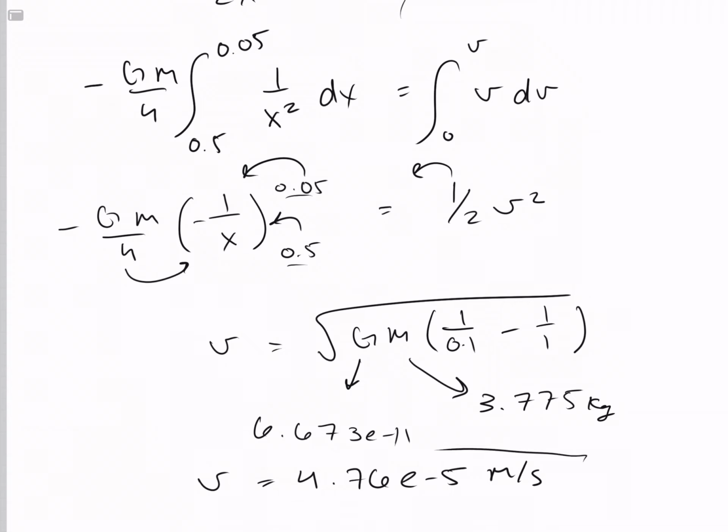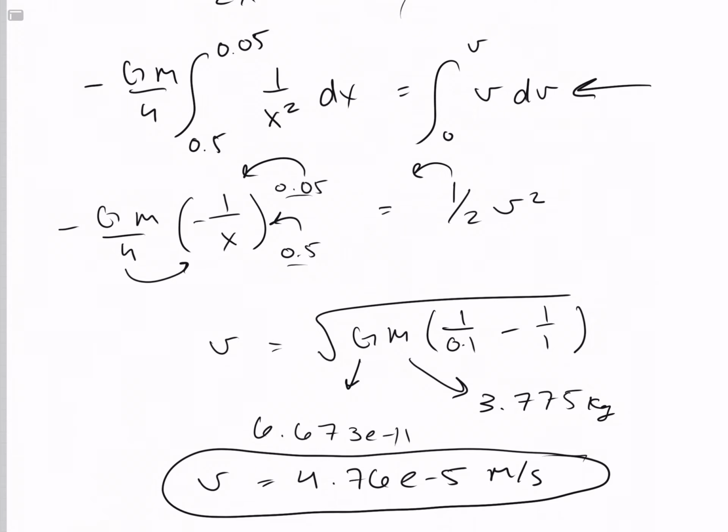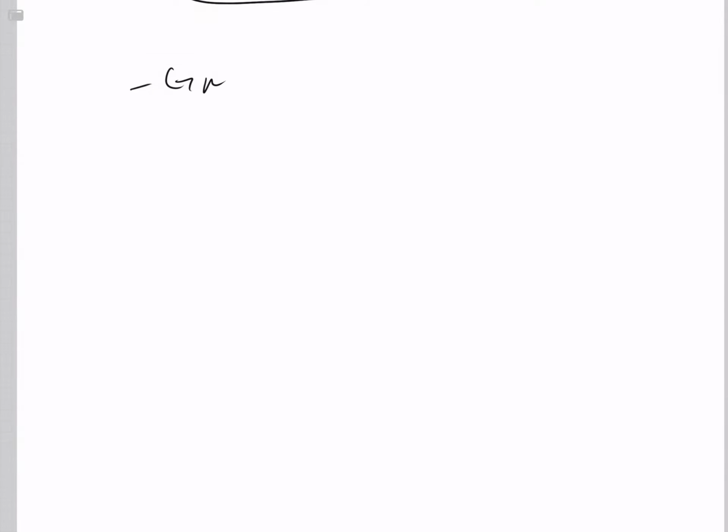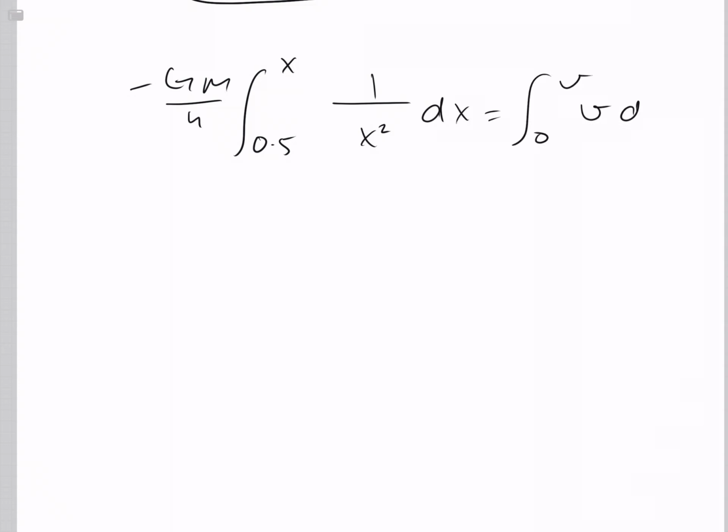Now that we've found velocity, we can solve for time. But let's take a step back, because we're going to end up with this integration instead of that final position, so that we can then solve for time. So we'll rewrite this integration as negative Gm over 4, and like I said, we're going to integrate to x instead of that final position, but everything else is the same, still starting from rest.